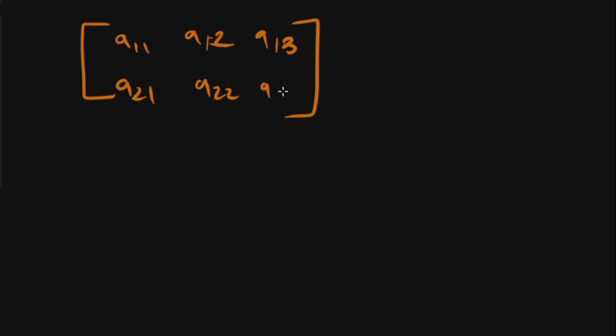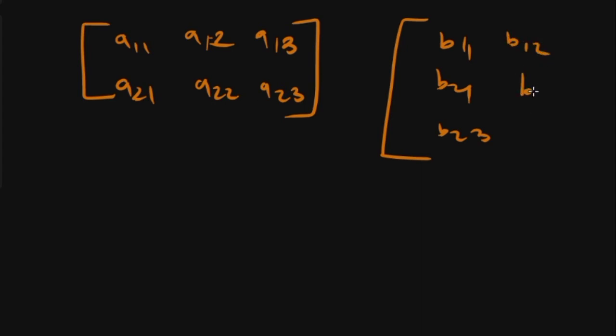notation format. So a11, a12, a13, and then a21, a22, a23. Then let's take the second array as b11, b21, and then b12, b22, b32.